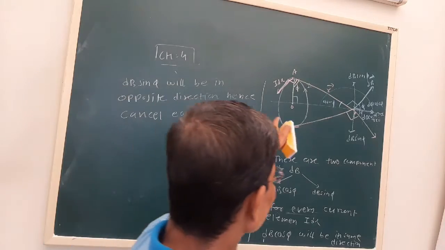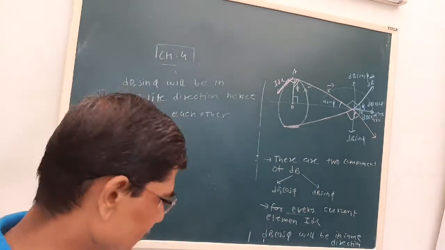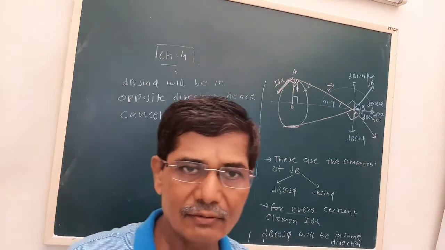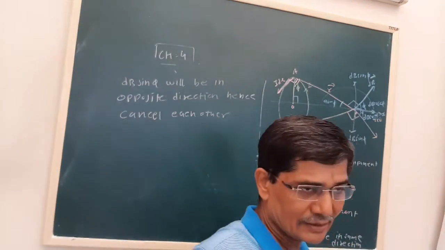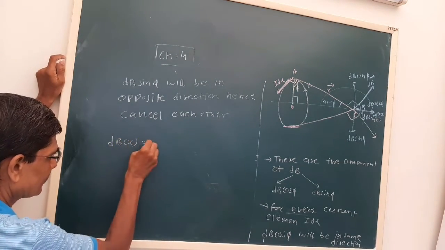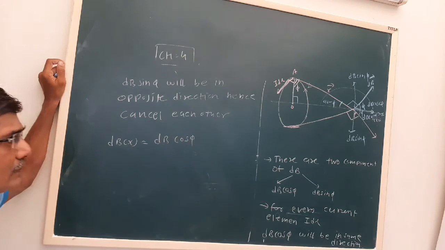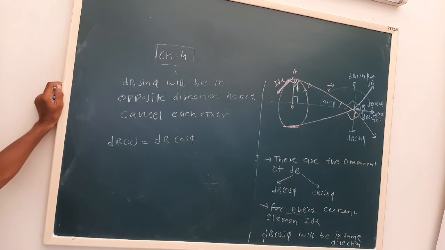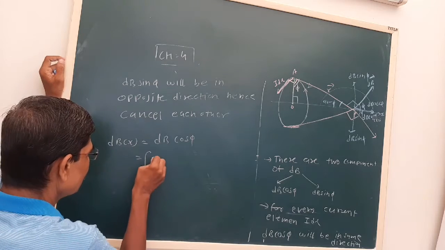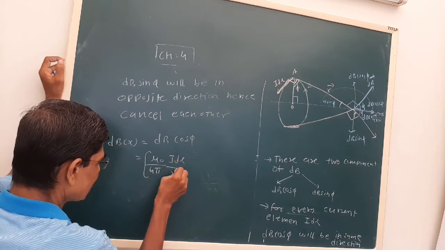Now as a convention, the axis is a line passing through the center, that we have considered the x-axis here. So we will have dBx is dB cos phi. Now dB is mu 0 upon 4 pi IDL upon r square.